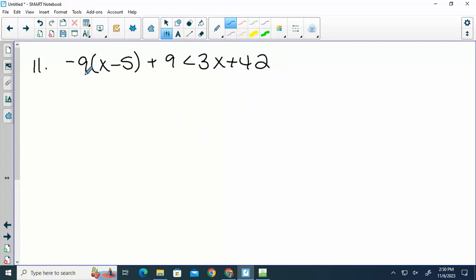Okay, so if we distribute, we have a negative 9x plus 45 plus 9. Because these are on the same side, we just combine them. So 45 plus 9 is 54.